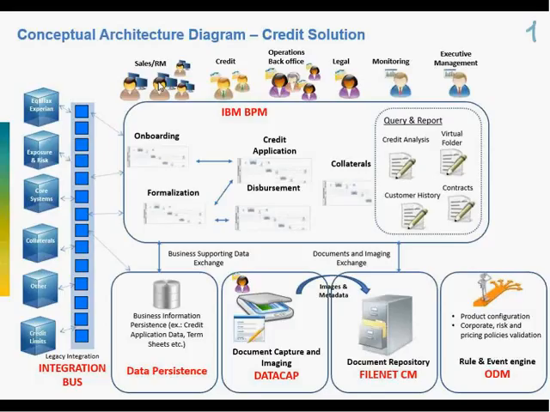So you can combine this personal touch in terms of customer service with a very efficient approach in terms of touching all these processes. As you're seeing, onboarding, account opening, credit application, formalization, disbursement, and so on. And the idea is that on top of all these processes and touching all these legacy systems, we will have lots of queries and reports that will help understand where the process is moving.